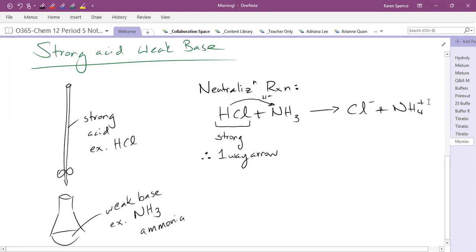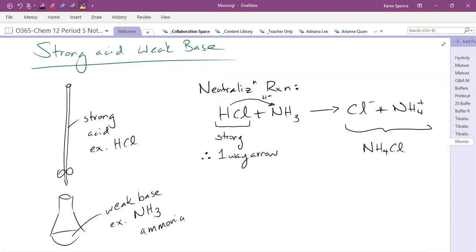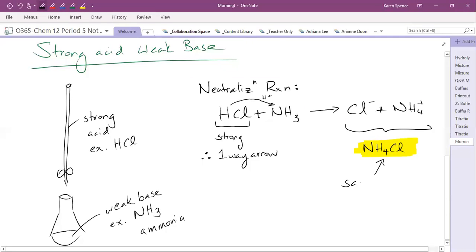Now, you could write it like this, or you could write it as the salt combined, which would be NH4Cl. Regardless, you have to look at that salt, we have a salt produced.